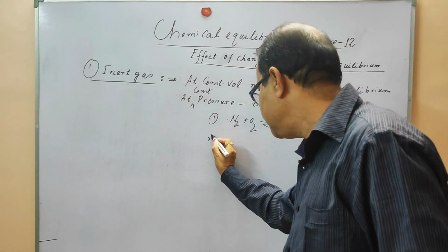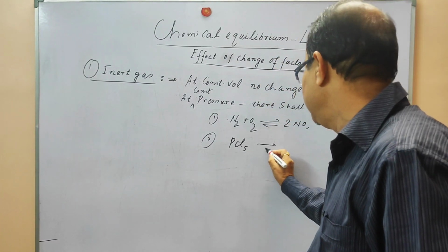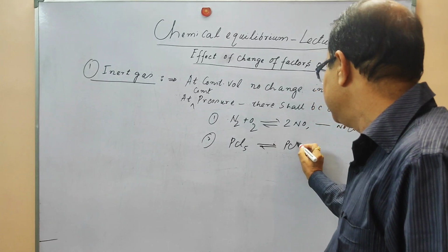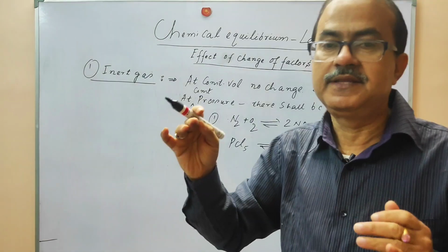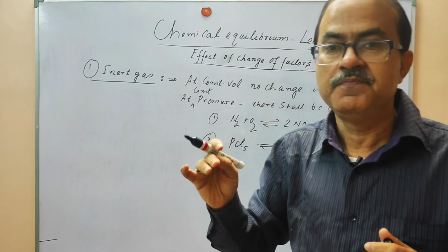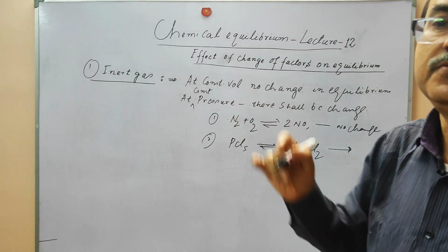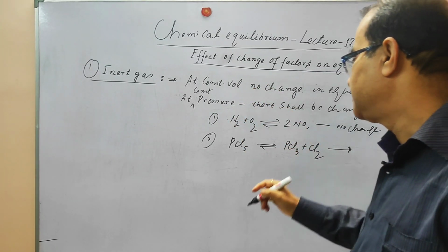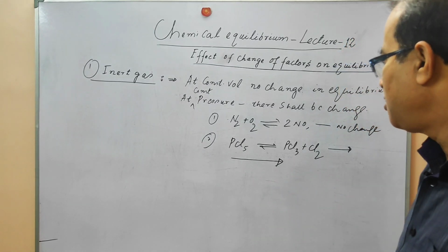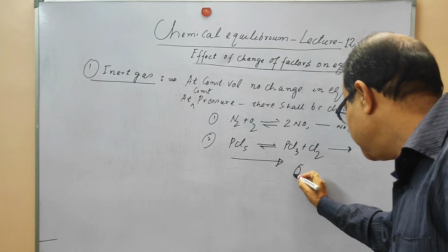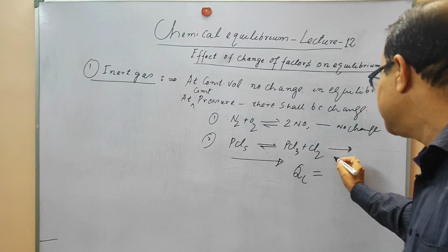But if this reaction is PCl5 giving PCl3 and Cl2, at that time make the pressure constant. So an increase in the volume will give a change in the reaction, and the forward reaction will proceed, because the reaction quotient will change.